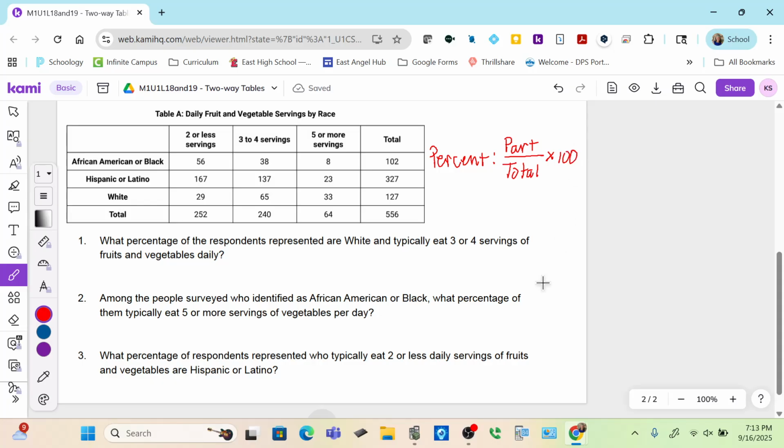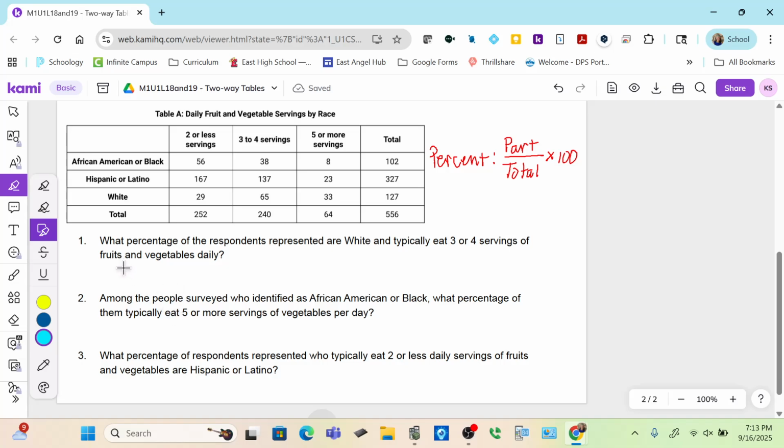That's how we calculate all of our percents. Now this part is what part or how much of the total fits what we're looking for. So each time you're given a question, you're going to be able to identify what am I looking for to find my total, and what am I looking for within that total to find my part. This is where I'm going to do some highlighting.